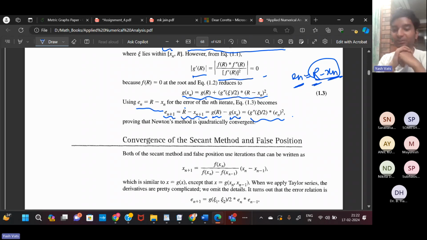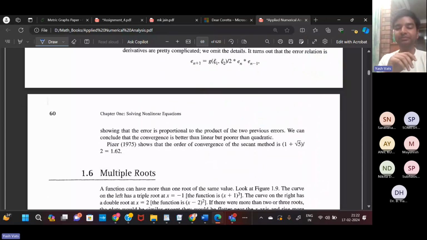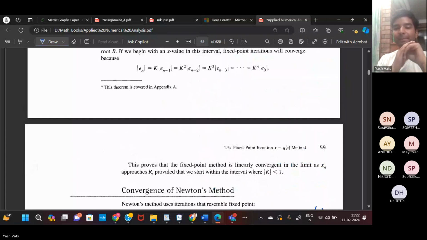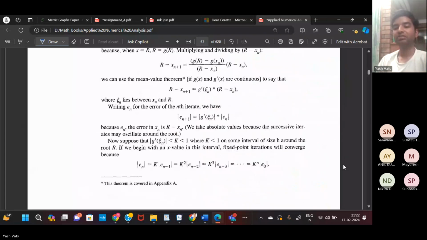So you can look at the proofs in the book and you will find out how it is coming. So order of convergence has not been discussed in the lectures?